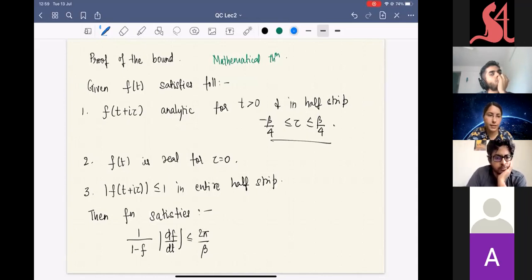Yes, if this function is analytic, so the OTOC is analytic in the entire half strip. Probably what he is asking is whether f(t) can be constrained further, I mean, inside that strip also, or something similar. But how will that help? For the bound, this much is sufficient, is what I want to say.